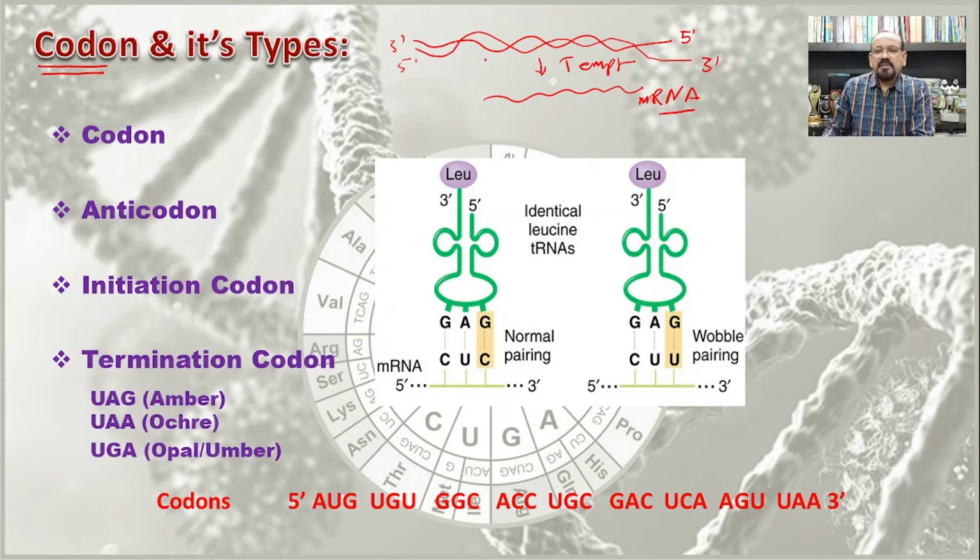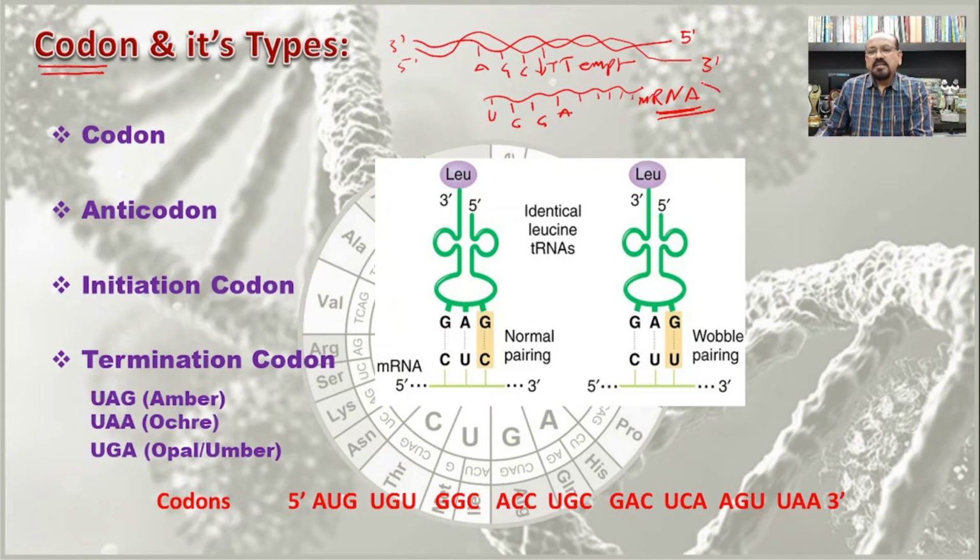Say for example, if on the DNA there is the A, here there will be the U. If here there is the G, here will be the C. If here the C, here will be the G. If here the T, here will be the A. So and so on. Such type of nitrogen bases will be there on the mRNA.